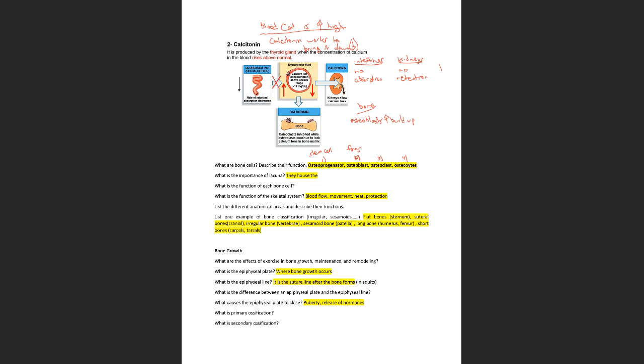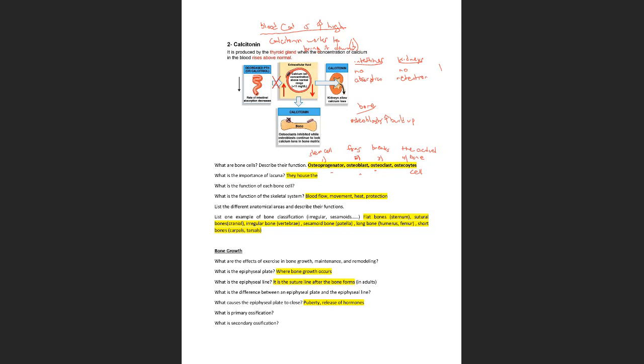Osteoclast, does it build it up or break it down? The bone. Yes, perfect. It breaks it. And then lastly, we have the osteocyte, which is the actual bone cell. All of these other cells are still bone cells, but they're accessories. They help the osteocytes, okay? The osteocyte has the information, it has the DNA inside of them. These osteoblasts and osteoclasts just work to help build bone matrix. It's not the actual bone cell itself.